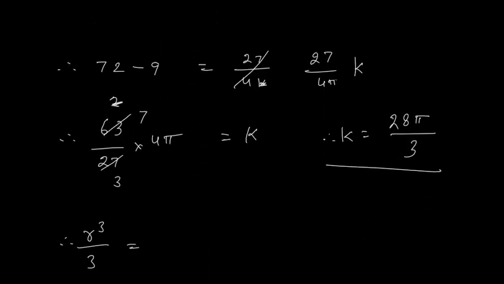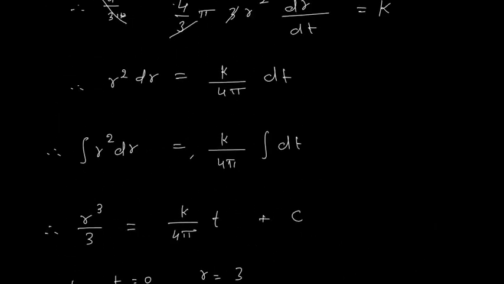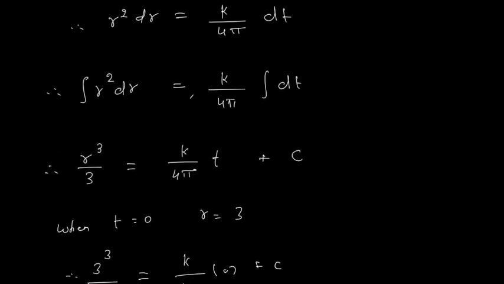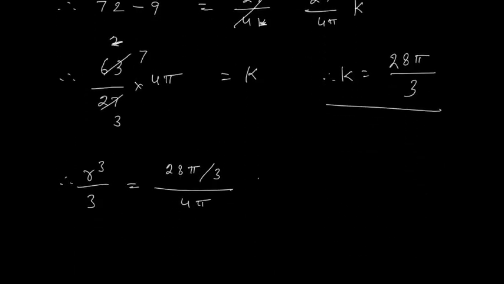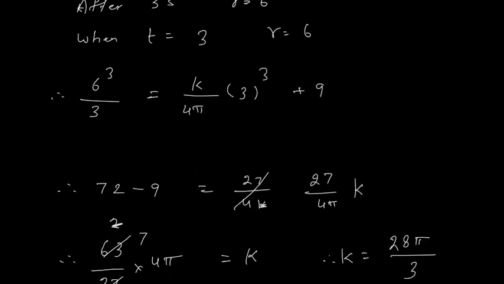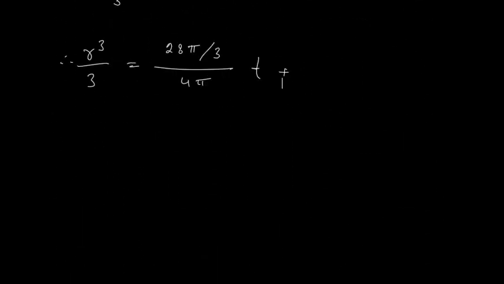So k is 28 pi upon 3 upon 4 pi, t, plus the value of c we got, 9. So r cube divided by 3 is equal to, now this pi will cancel, 4 7s are 28, so 7 upon 3 t plus 9.